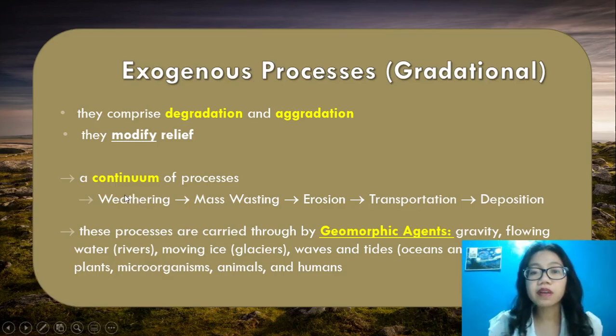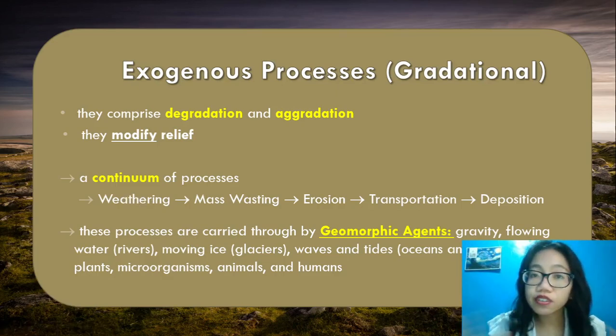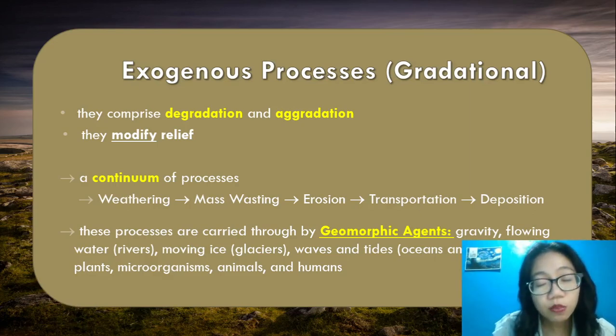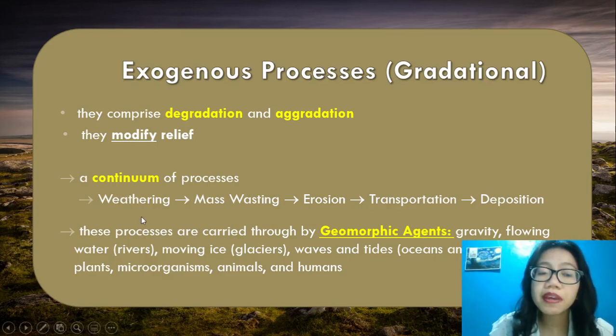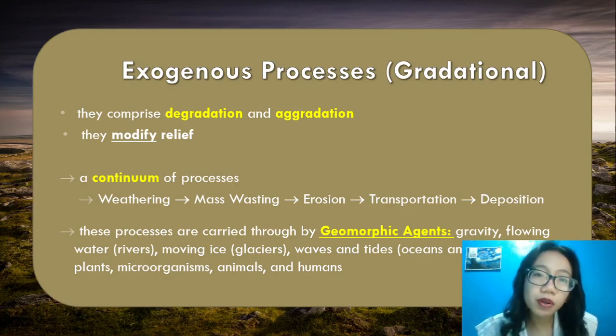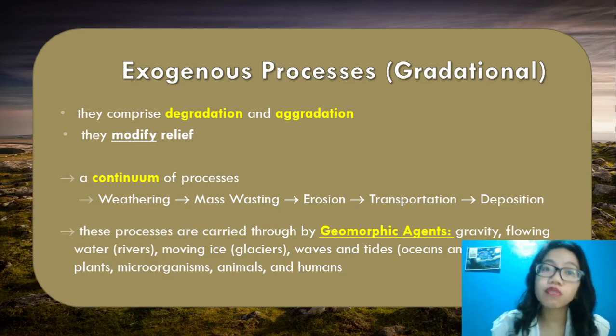When we are talking about exogenous processes, there are different things that could happen, or it can have a continuum of processes. First, you may have weathering. When we say weathering, as I said, the parent material breaks into smaller pieces. Mass wasting is the fast and often large-scale movement of those weathered materials.